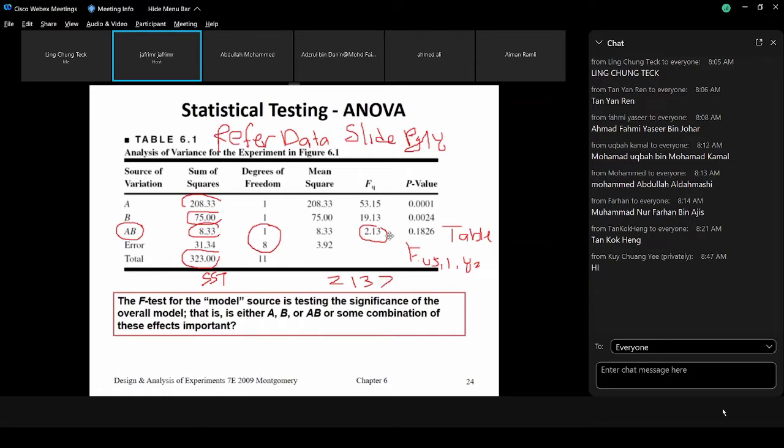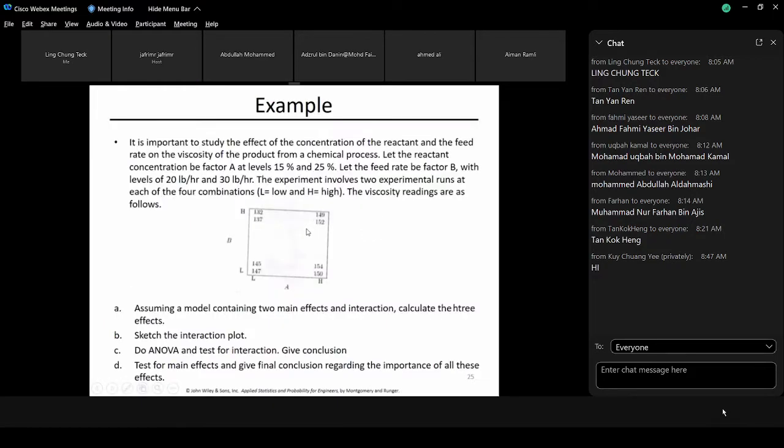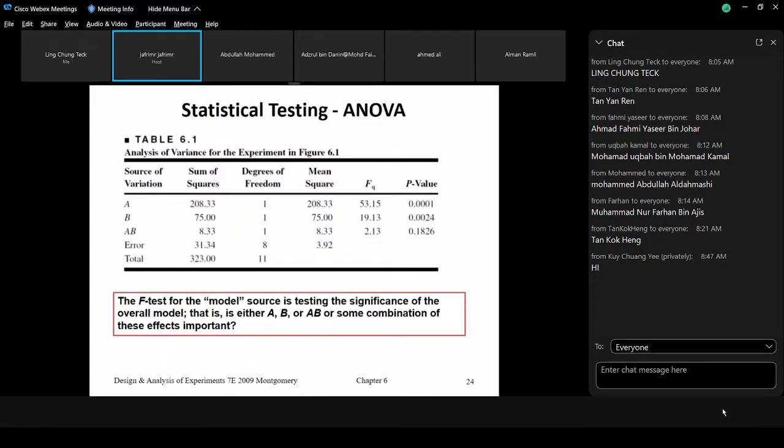If it is smaller than the F table, do not reject the null hypothesis. That means the interaction is not significant. Let's check the results. There's no result for this example.